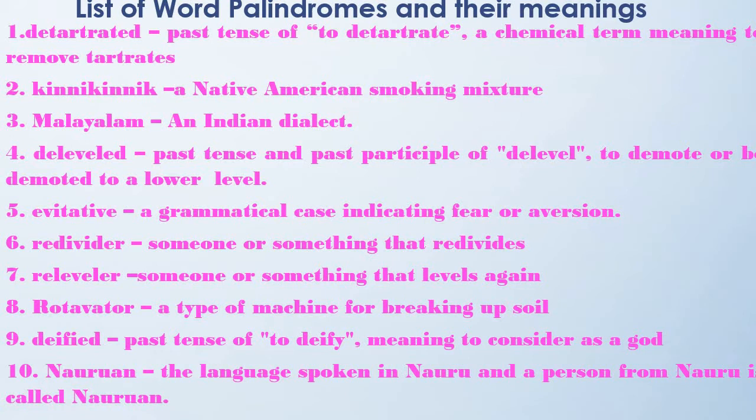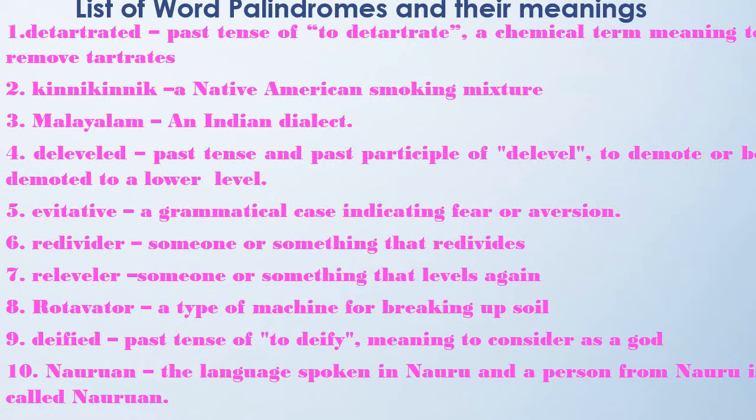Malayalam is an Indian dialect. De-leveled is the past tense and past participle of de-level, to demote to a lower level. Evitative is a grammatical case indicating fear or aversion.